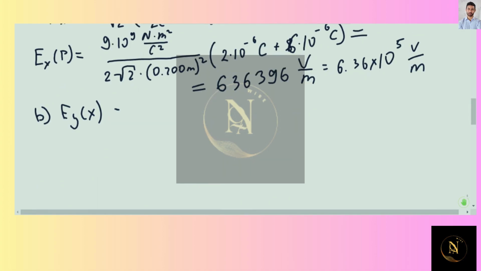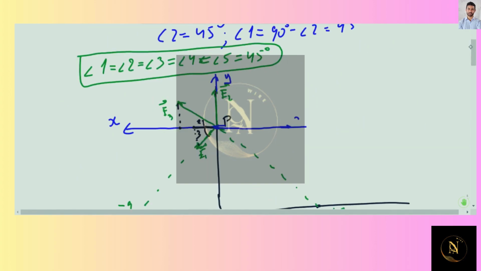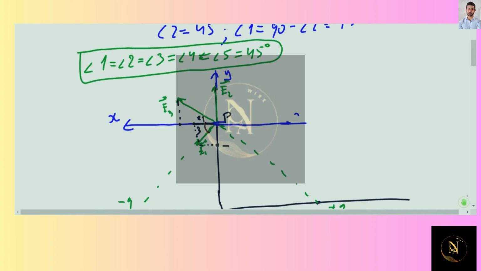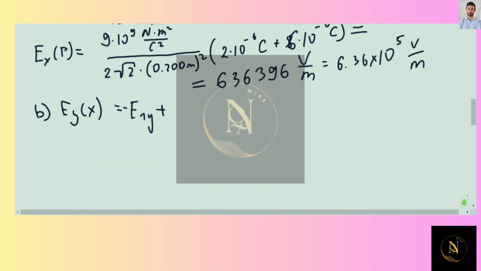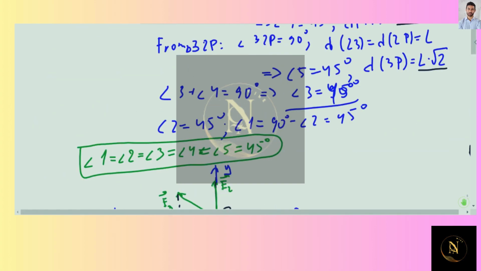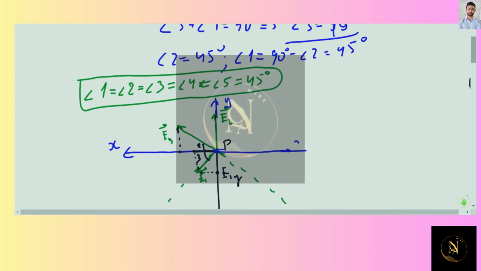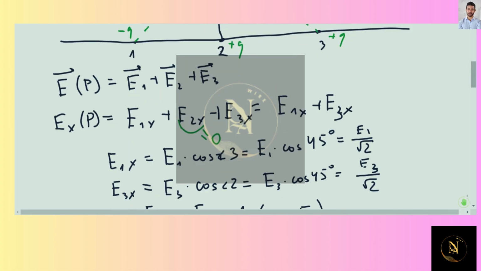It equals E1y taken with a negative sign because it's directed downwards, plus E2y and plus E3y. Right.